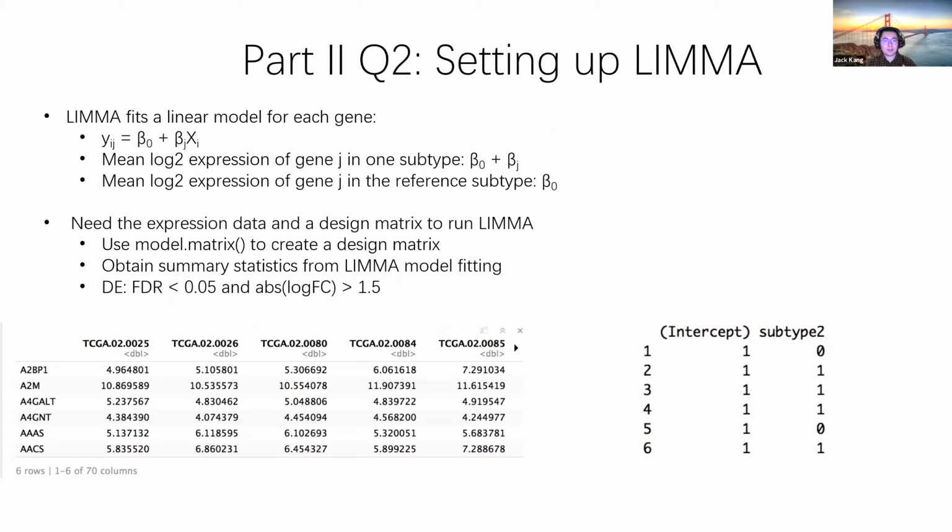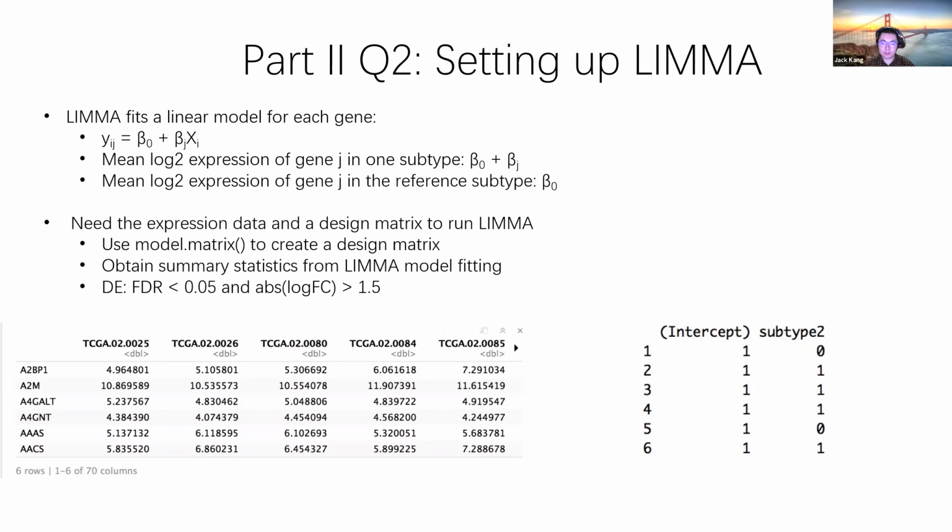And to fit limma, you need to first use this model.matrix function to create a design matrix. So this is an example of a design matrix. Because you have 60 samples, you should have 60 rows here and 2 columns. One column is the intercept, which is always 1 for each sample, and another column corresponding to the covariate value xi, or specifically in this case subtype 2, indicating whether the sample belongs to subtype 2, like 0 for no and 1 for yes.